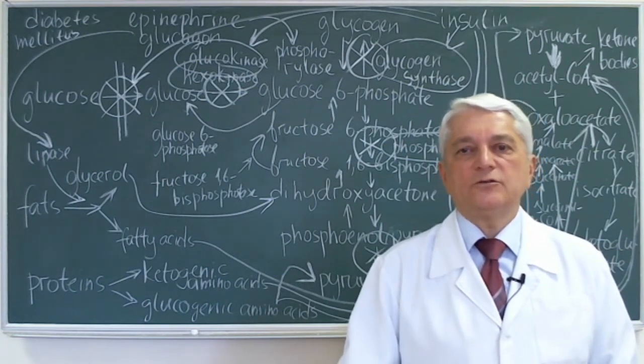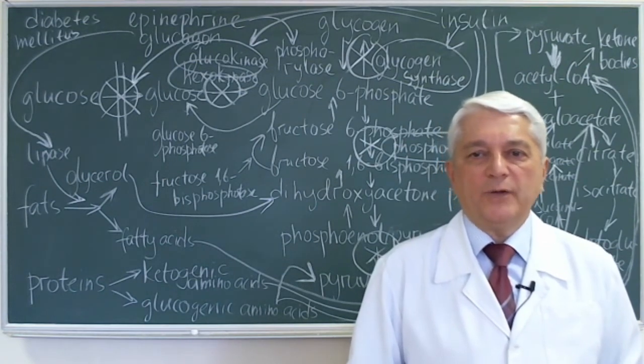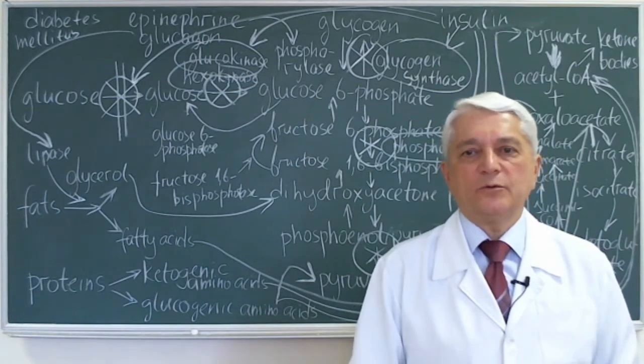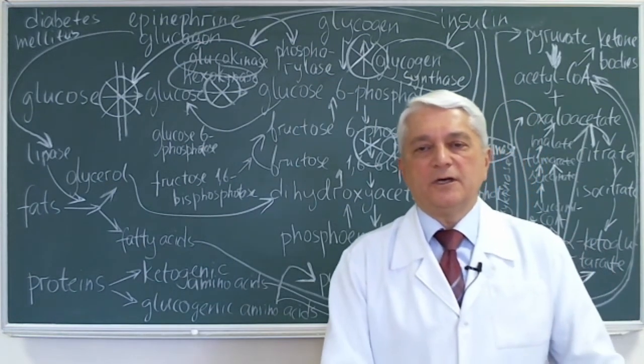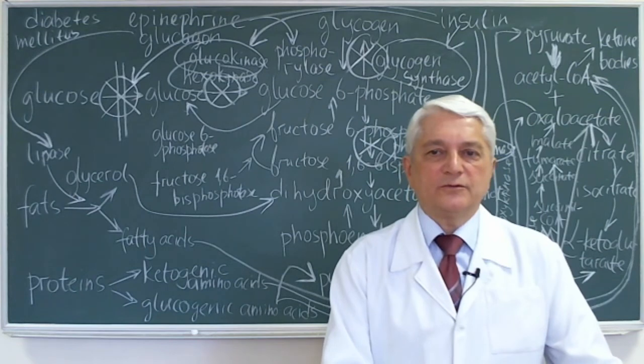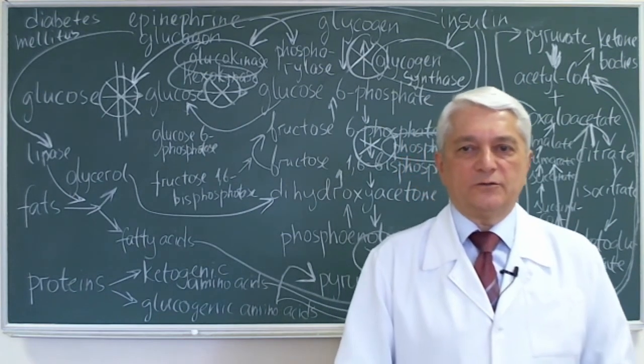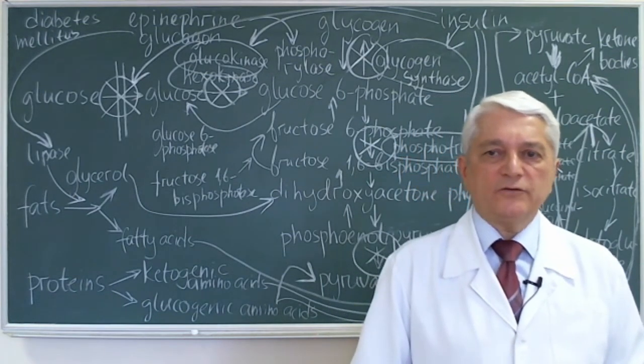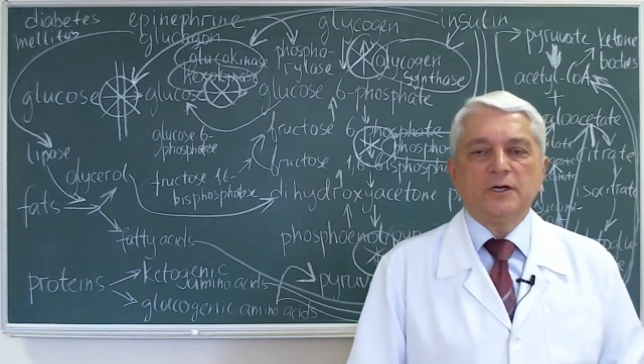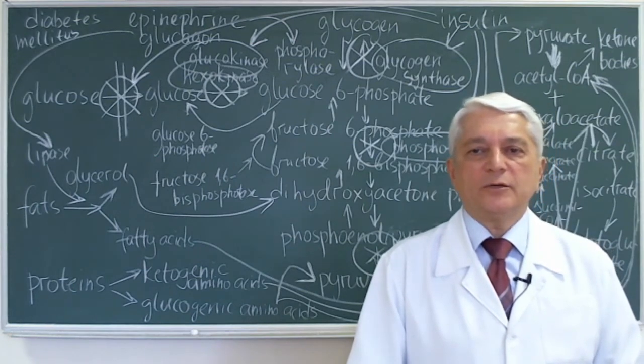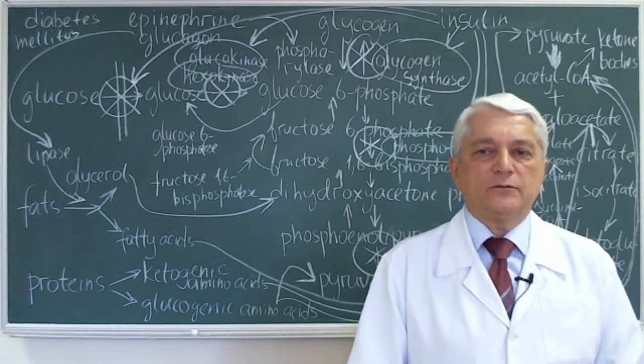So it was the institute named after Banting, and Banting was working in this institute with his name. So it was a great honor for him. And one example I shall show you now.